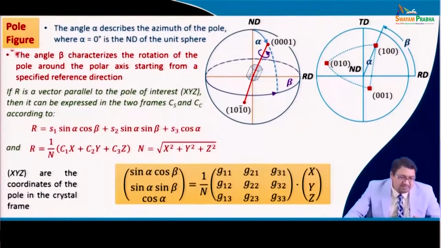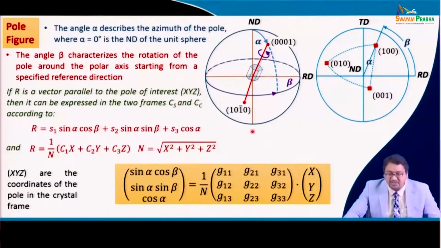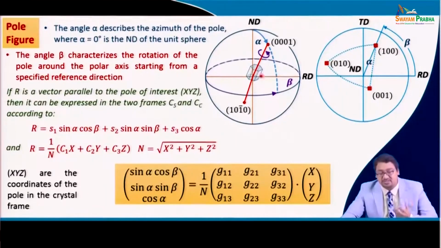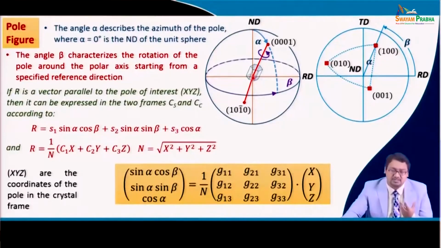So, you see if we talk about the pole figure, and if we look into this figure, this is a 3-dimensional sphere which has been shown, and this is the stereographic projection, 2 dimensional, of this 3-dimensional sphere. We have shown this by a hexagonal unit cell, because it is easier to distinguish between different planes in the hexagonal unit cell.